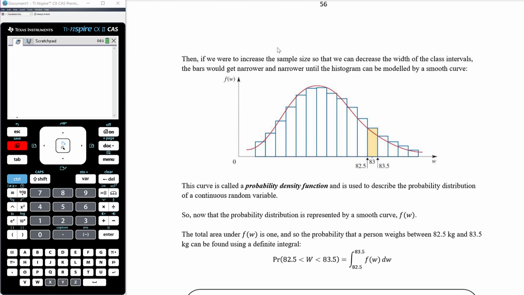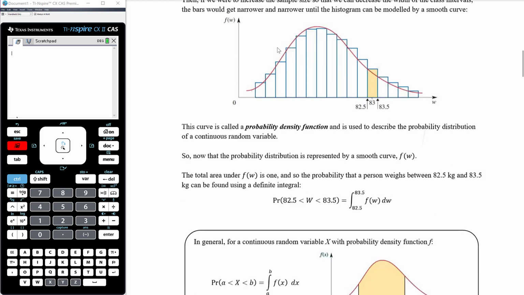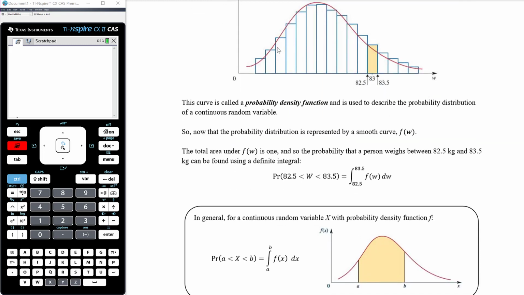Now we have our probability distribution represented by a smooth curve, which in this case is f of w, a function of the weights. It's actually a function of the probability of the weights, but that's okay. Remember, we rescaled our histogram to make sure that the total area was 1, and then we fitted it with a smooth curve. So we now have a smooth curve under which the total area is 1.